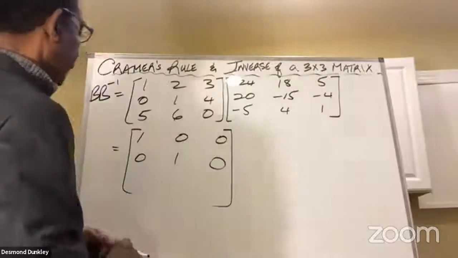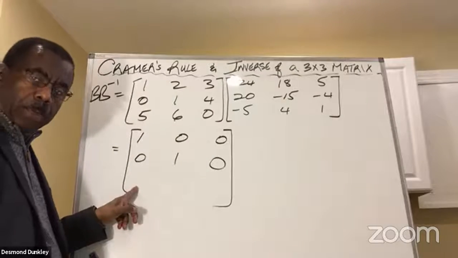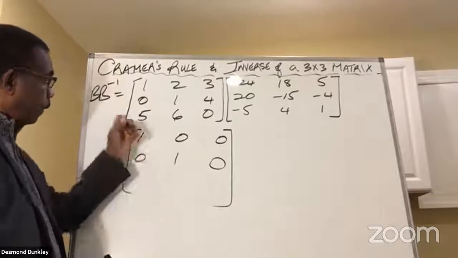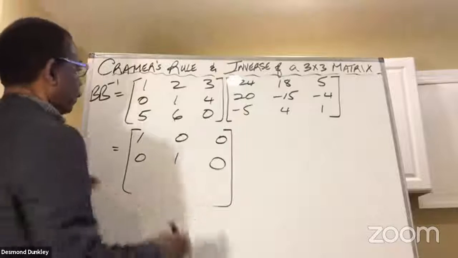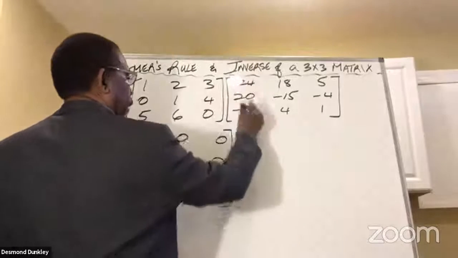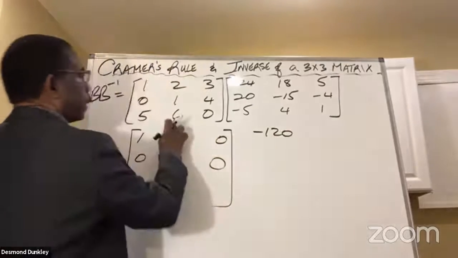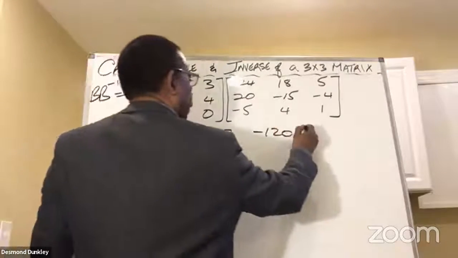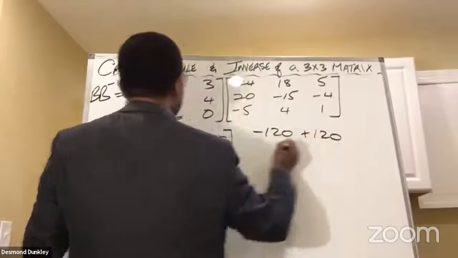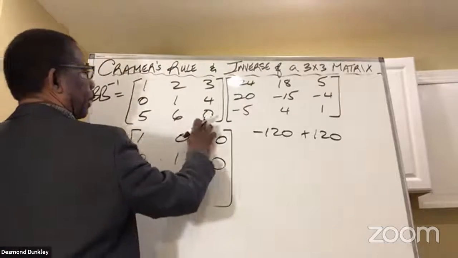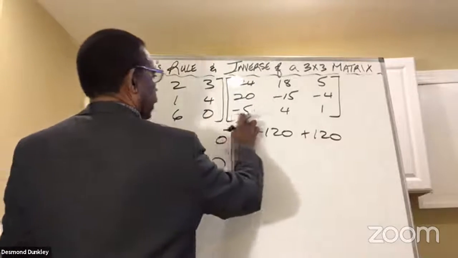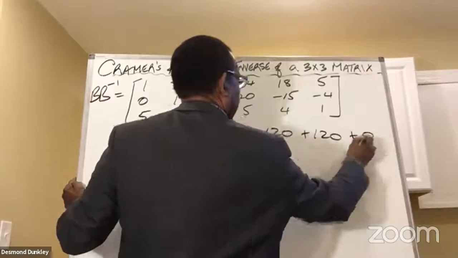Okay, so now this is the 3, 1, third row, first column. Third row, first column. 5 times this gives me negative 120. 6 times this gives me positive 120. And then 0 times this gives me 0.